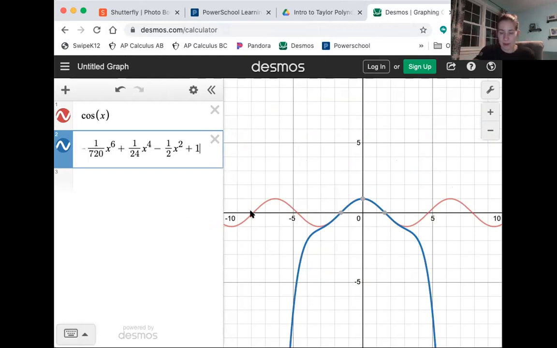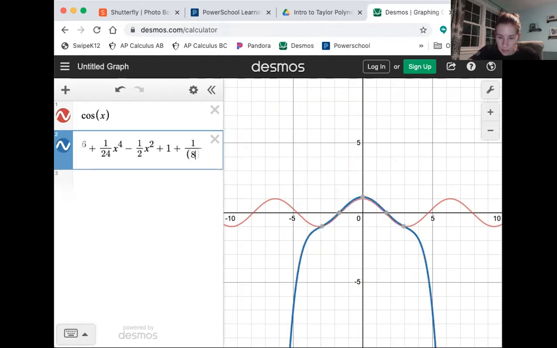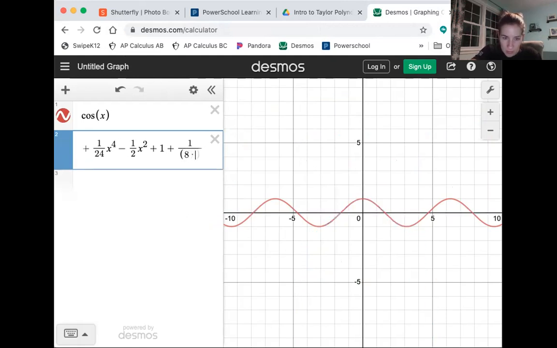I'm just going to real quick add on the next one so that you can see what's going to happen. I can't do this in my head, and I don't expect you to know how to do this yet, but I'm just going to show you what the next one is so that you can see how cool it looks.